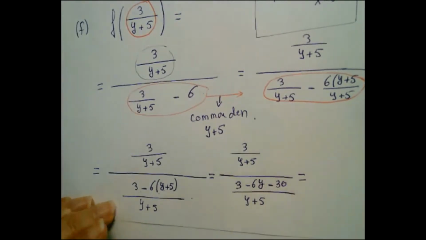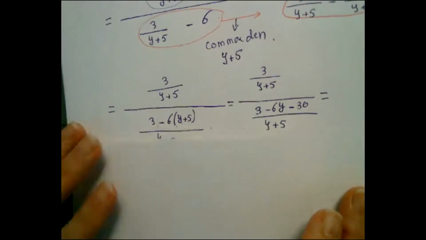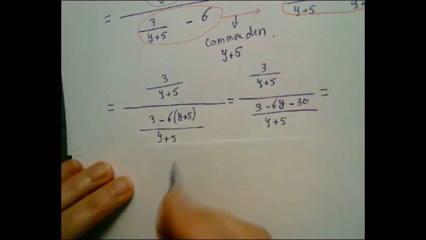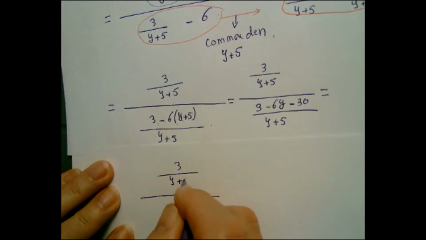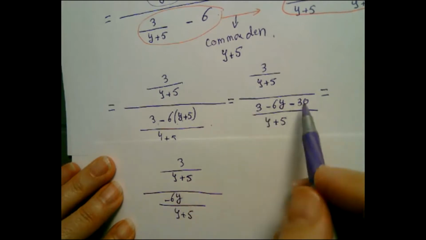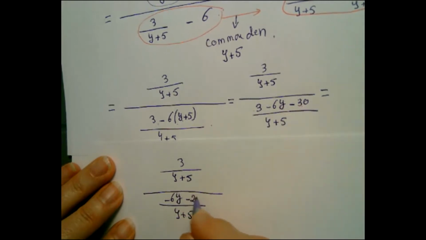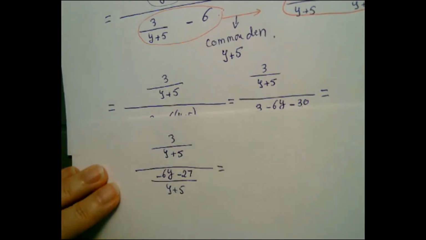So now let's see how simple our expression is going to become. One more step, and then we simplify it to something fairly simple. So y plus 5 here, eventually we won't need it. I will have minus 6y minus 30, that will give me minus 27. At this stage, we're there.